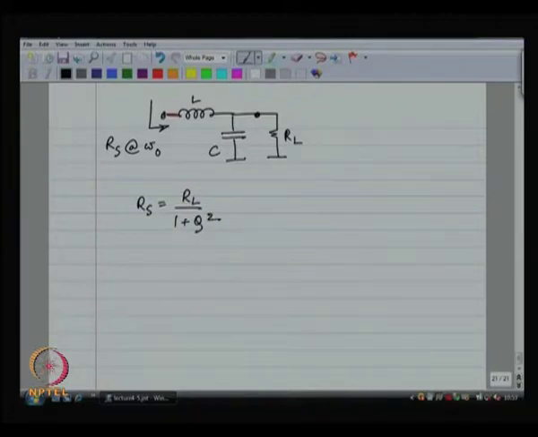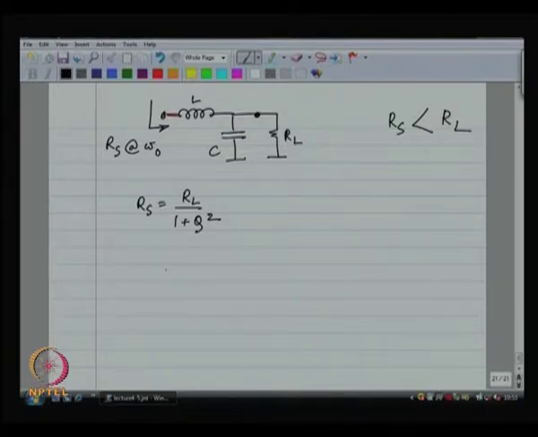So, q is always going to be a real number, which means that R S has got to be less than R L for this to work.